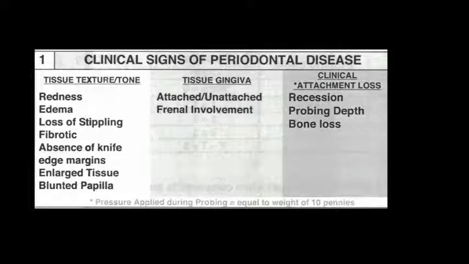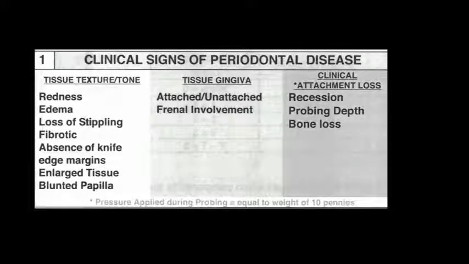You also need to tell the attending: does the patient smoke? Do they have diabetes? Because these are two factors that will have you refer to the backside of this paper, where you will come up with the prognosis based on the Miller-McIntyre Periodontal Index.